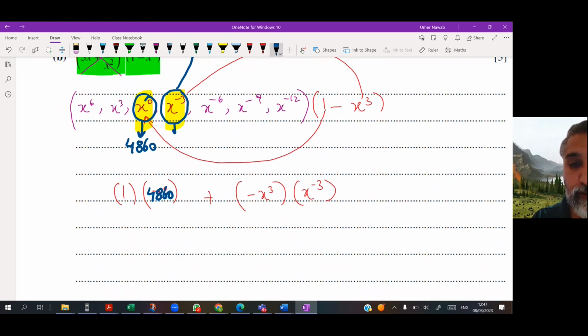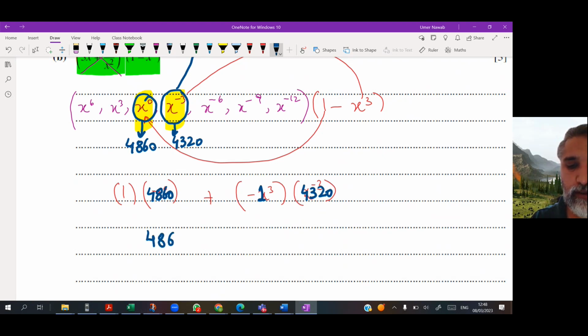So this is 4320. I'm going to write here 4320. And here we have -1 multiplied with this.